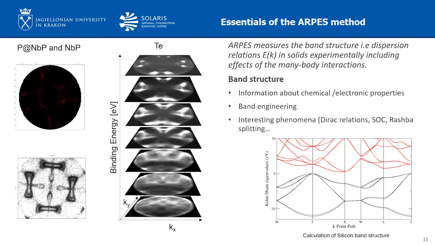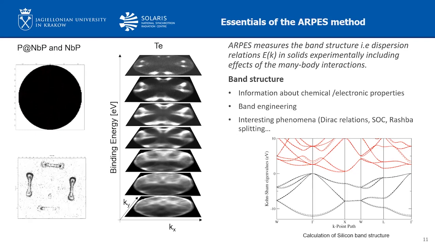Thus, we may often describe electrons in a crystal completely with the dispersion relation of bands. For a 3D system, the dispersion relation E(k) may be considered as a set of surfaces in the four-dimensional space: Kx, Ky, Kz, and energy, of course.